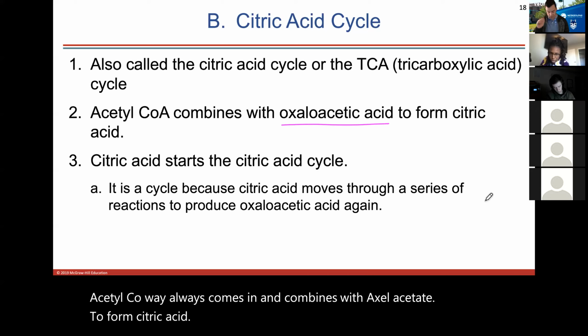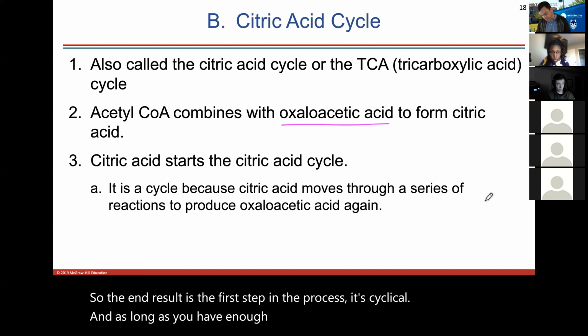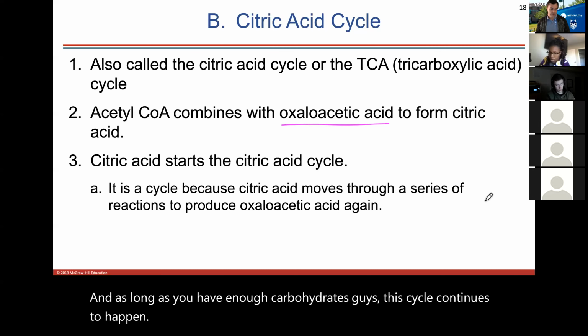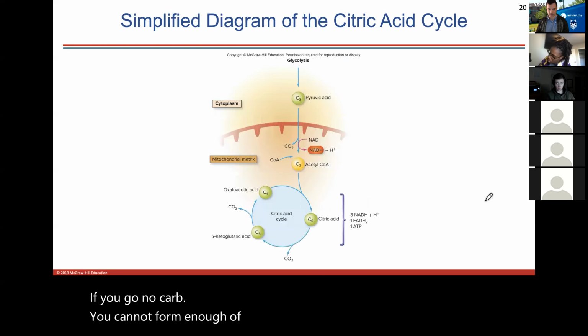So the end result is the first step in the process. It's cyclical. And as long as you have enough carbohydrates, guys, this cycle continues to happen. If you go no carb, you cannot form enough of these intermediates.